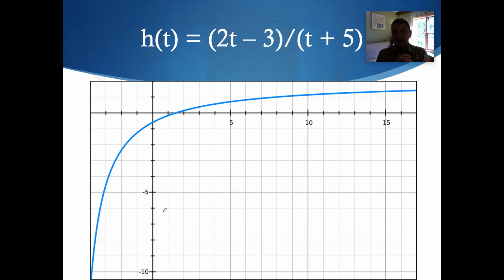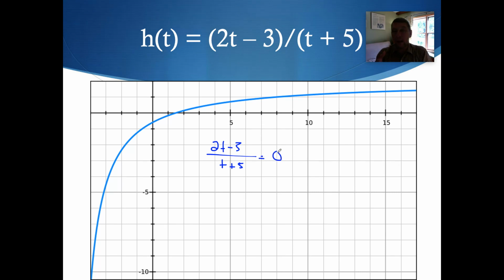Last but not least, this is a function. And so here, I'm going to set the quantity 2t minus 3 over t plus 5 equal to 0. Well, how do I get a 0 in a fraction?